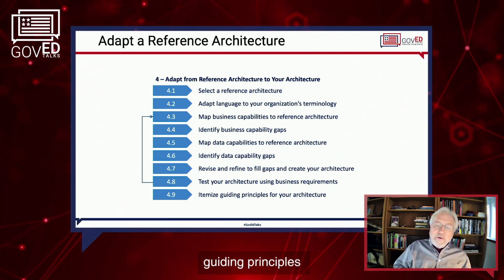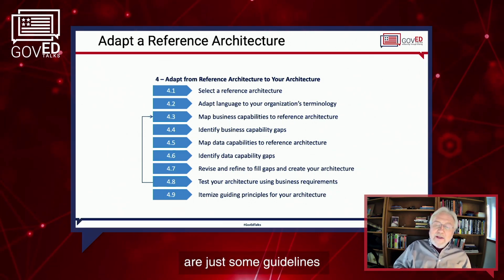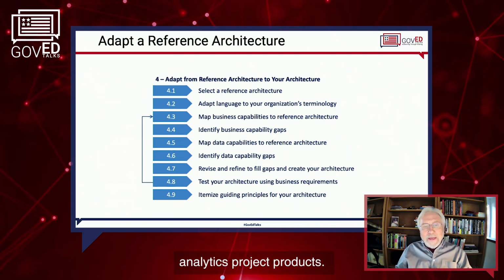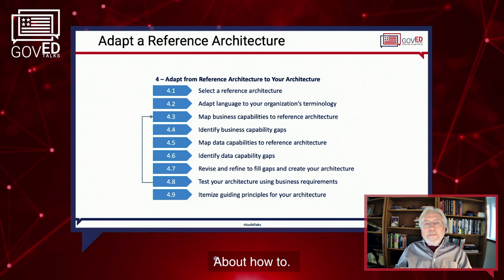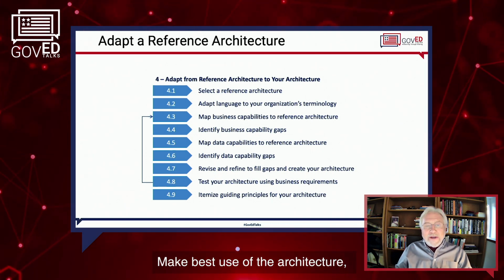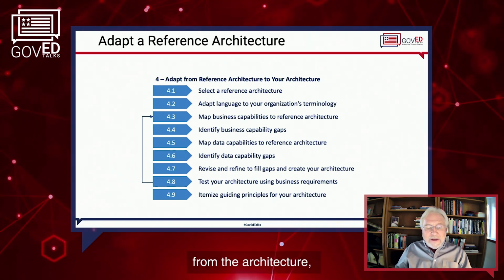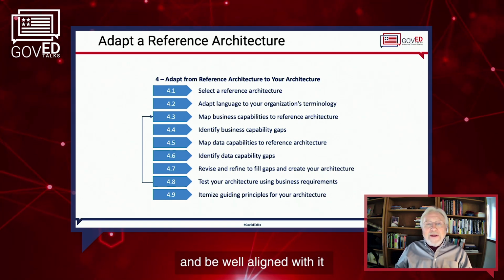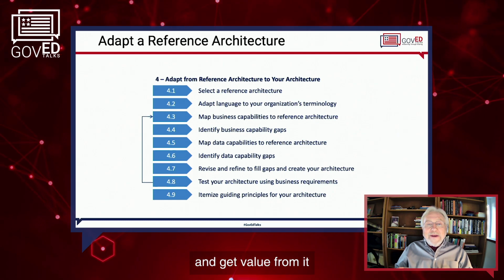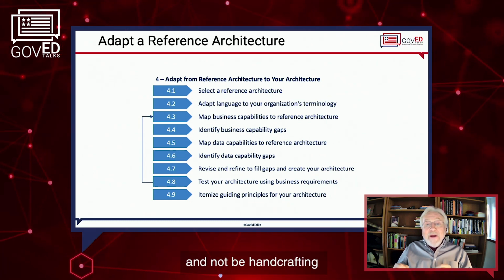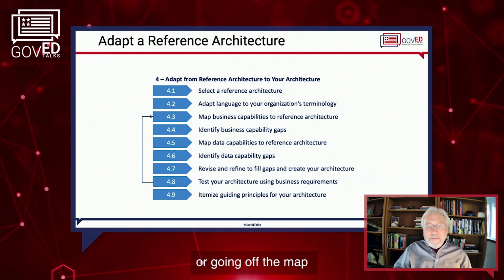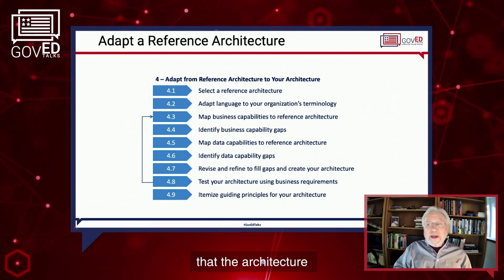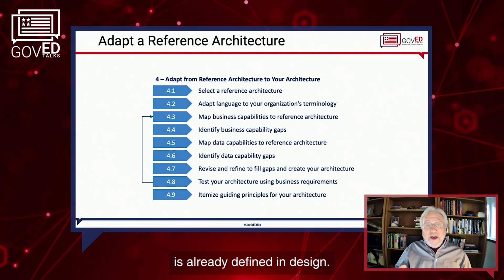So guiding principles are just some guidelines for those who build data and analytics products about how to make best use of the architecture, how to get advantage from the architecture, how to use it well and be well aligned with it and get value from it and not be handcrafting or going off the map or rebuilding things, redesigning things that the architecture has already defined and designed.